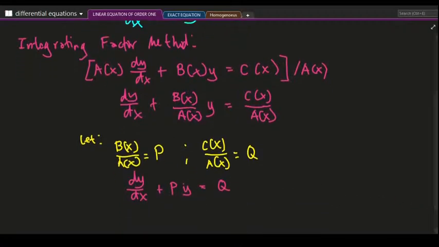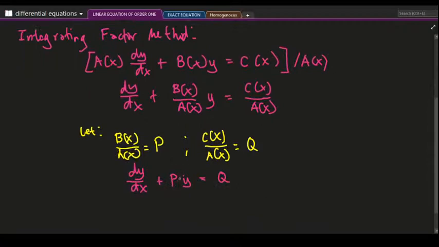Now this p, as we know from the above equation, is b of x over a of x. So our p here is the key for us in order to get the integrating factor.